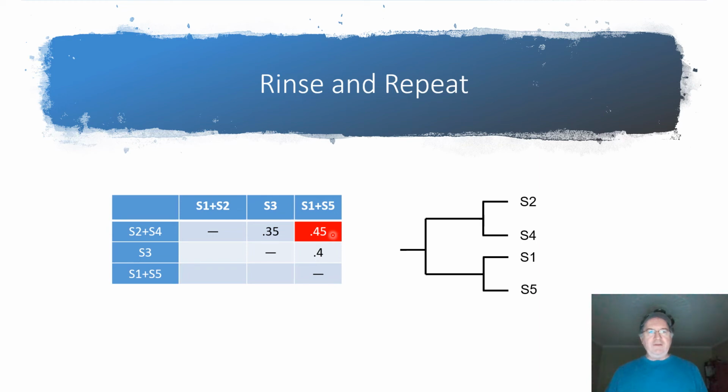Find the highest value, 0.45. That groups S2 and S4 with S1 and S5. So I'll now connect these 2 branches, leaving S3. So we know that's the last branch coming off. And if you do the calculation, the level of its similarity is, I believe, 0.375.